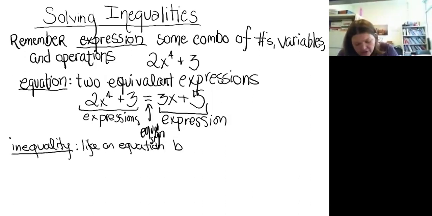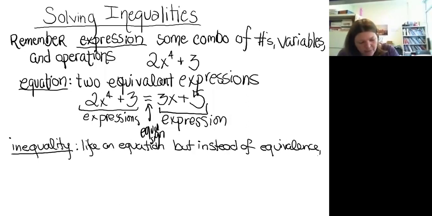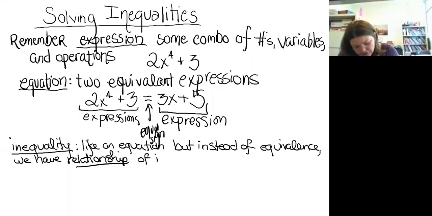But instead of a relationship of equality or equivalence, we have a relationship between the expression of inequality, not equalness. The two sides are in some relationship, but they're not equal. It's a different relationship. So inequality is like not equalness. The two sides are not equal.